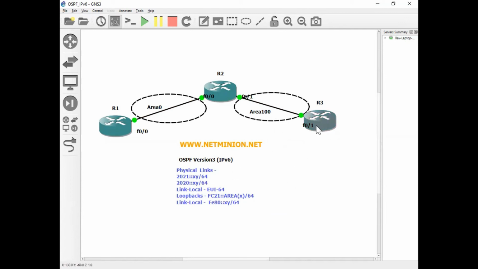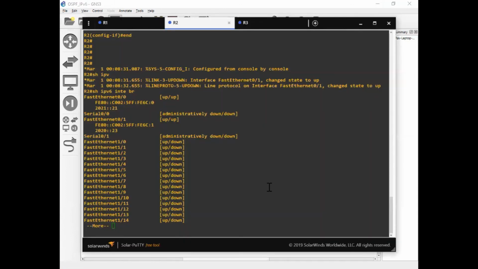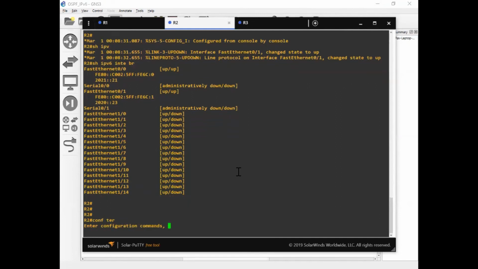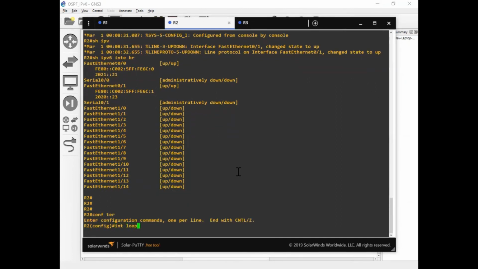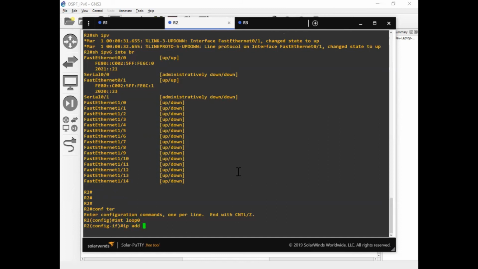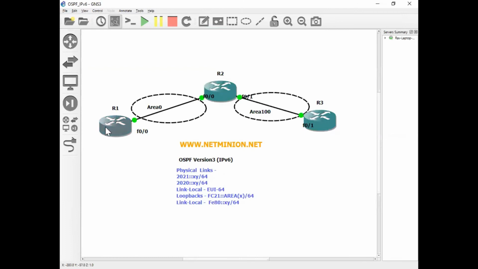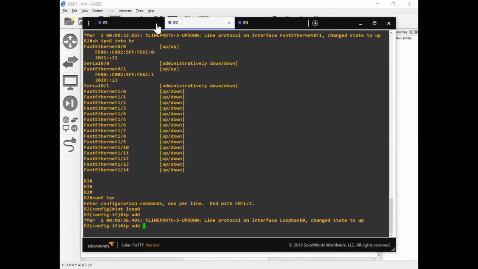Over R3, I need to provide 2020, and let me provide this, and then I will be talking about, okay, maybe loopback I didn't go with. Interface loopback 0, IP address. Over here also maybe I forgot to give FC21 area, right?